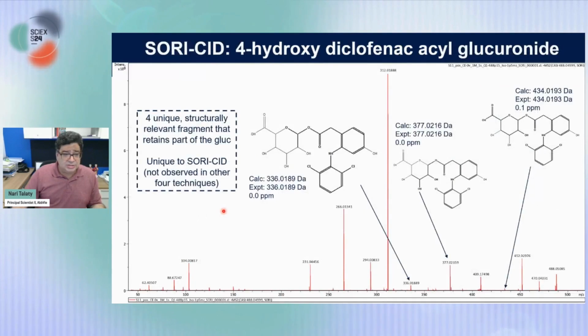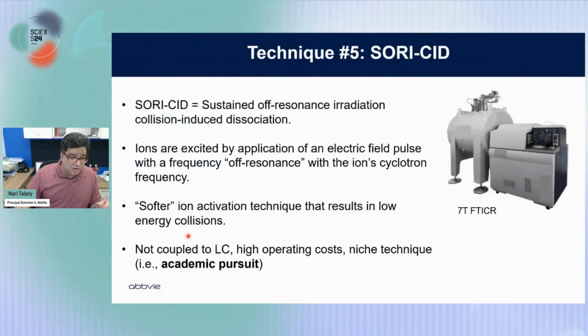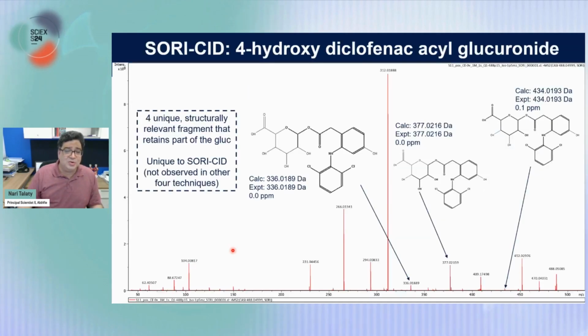And once again, yes, you do get some of the peaks, but you have to remember this is not coupled to any LCMS. This is a standalone flow injection platform. So it's not a very practical way to do things, but it will give you some information.